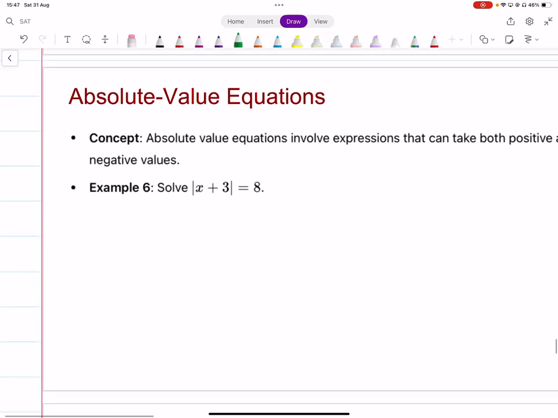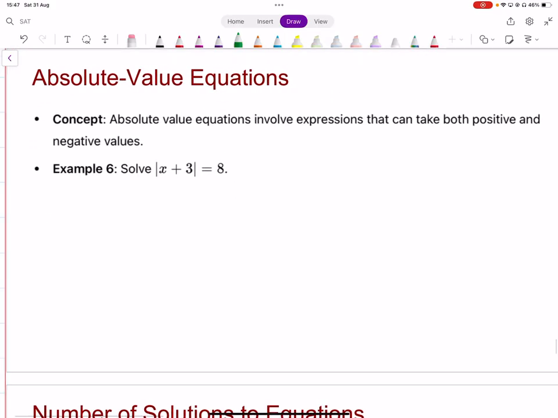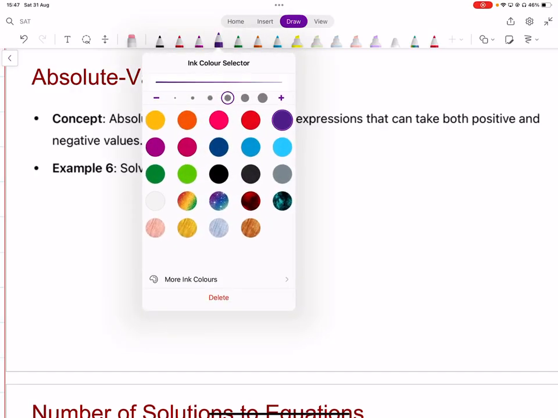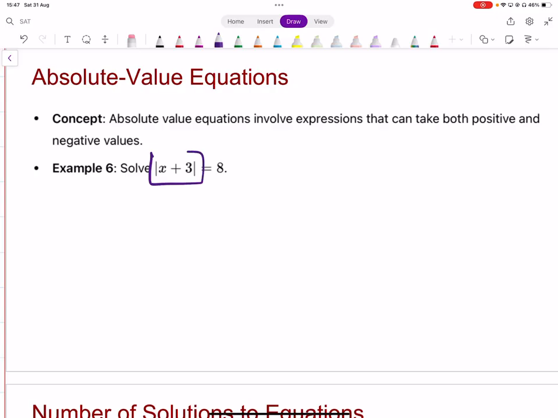Now, once you understand that, how are you going to solve equations involving the modulus function or the absolute value function? All you have to do is, whenever you have this modulus sign, you're going to remove the modulus sign, and instead of that, put plus minus.